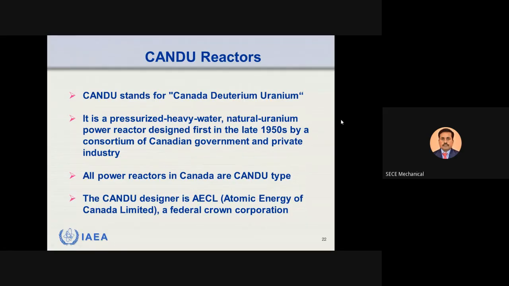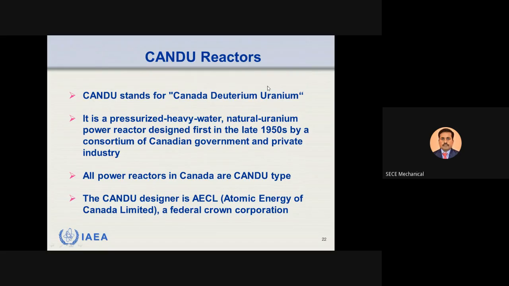That's why the CANDU type reactor is an advanced type reactor. CANDU stands for Canadian Deuterium Uranium. Here, natural uranium is used as fuel, and it is a pressurized heavy water, natural uranium power reactor designed in the late 1950s. The Canadian government first implemented this type of reactor.